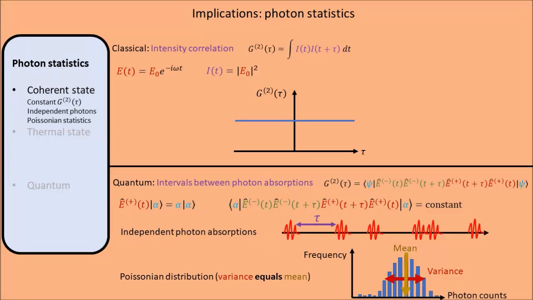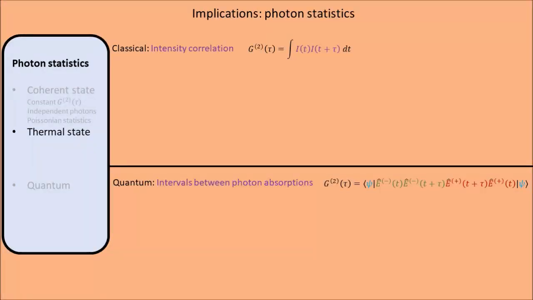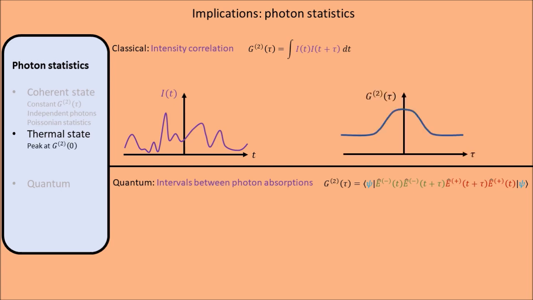Now let's consider thermal light. For thermal light, the intensity can vary chaotically as a function of time. If we compute the correlation for different tau, we find that G2 of tau must peak at tau equal to 0. This makes sense intuitively. The intensity at time t is more correlated with itself than with intensities at other times.